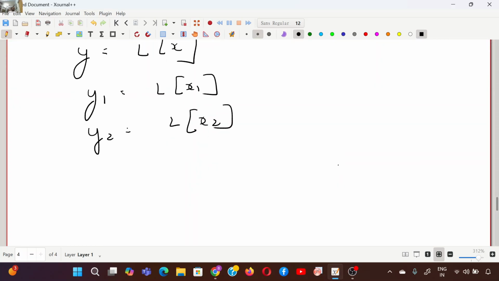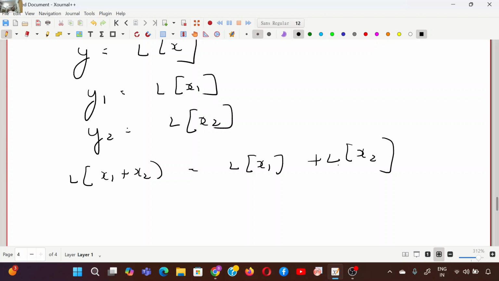If L of X1 plus X2 can be broken down as L of X1 plus L of X2, it is linear. Otherwise, it is non-linear. Now you try to apply this concept and try to show why V dot del V is non-linear.